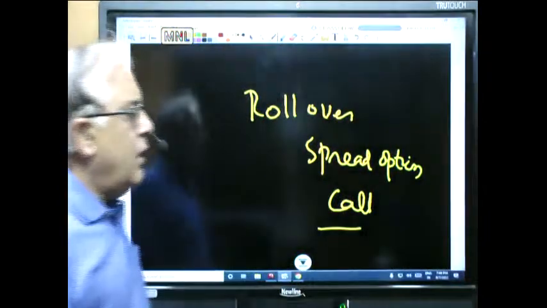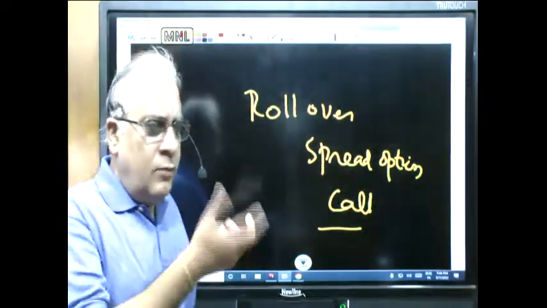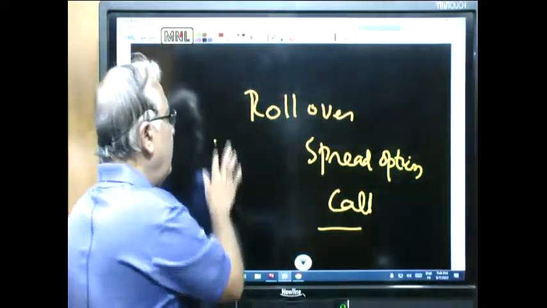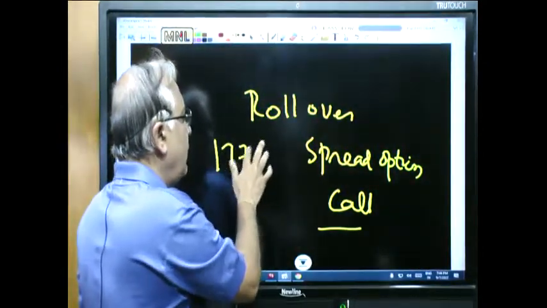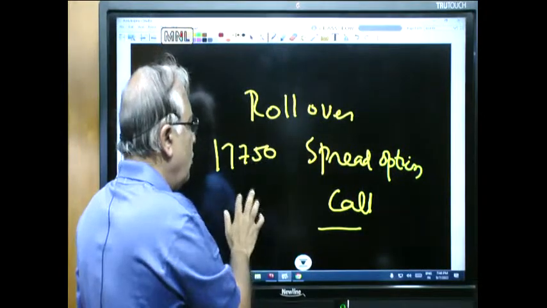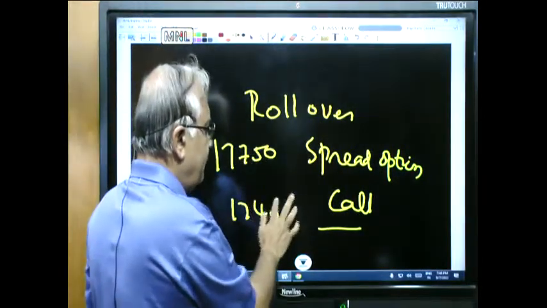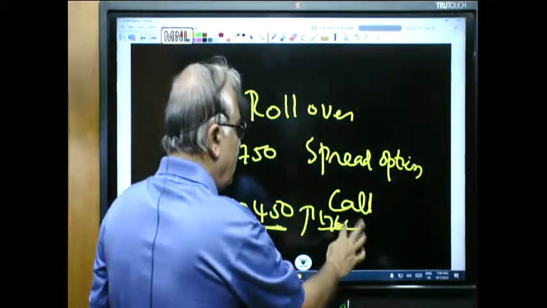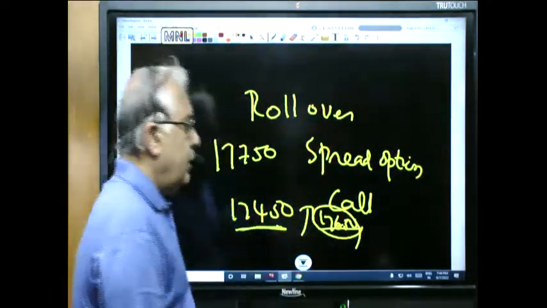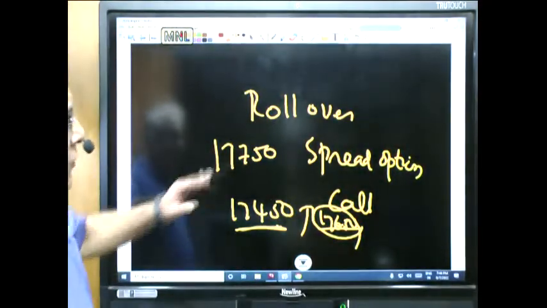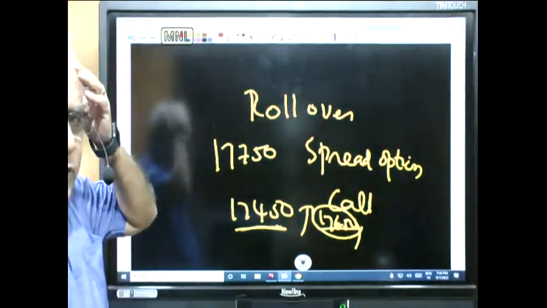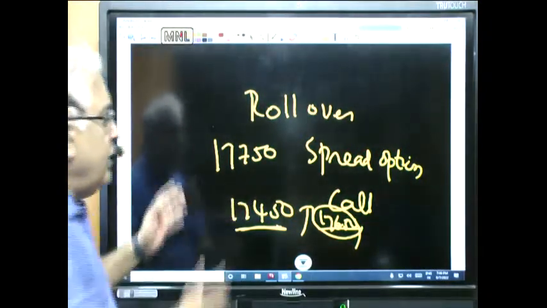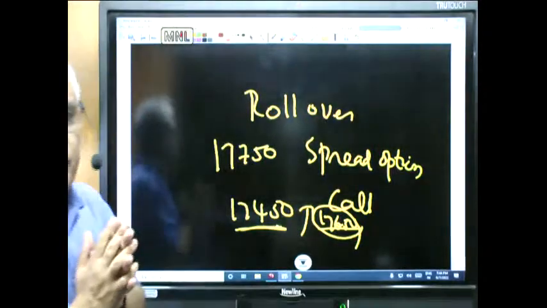When you're doing a rollover of options, just think about last week: it fell from 17,750 or so to 17,450, and again it's back to 17,650 or so. In this case, from 750 to 450, a rollover of the option would have been more helpful than just sitting plainly with an option at 17,750.